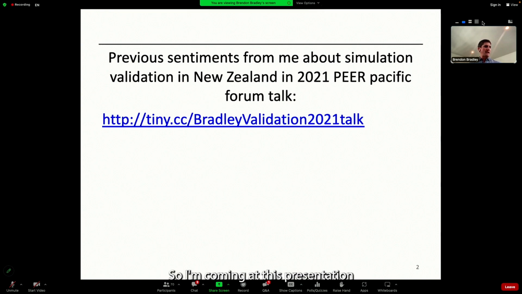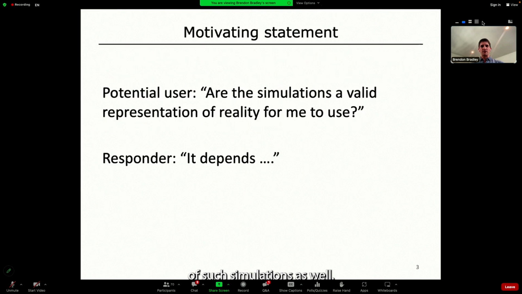I'm coming at this presentation from someone who runs simulations, but also as a civil engineer who makes use of simulations for response history analysis and who advises structural and geotechnical engineers on how they can make use of such simulations as well. So the motivating statement is something along the lines of, a potential user asks, are these simulations a valid representation of reality for me to use?